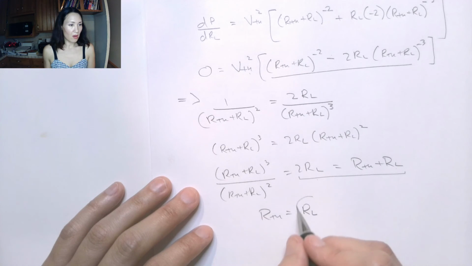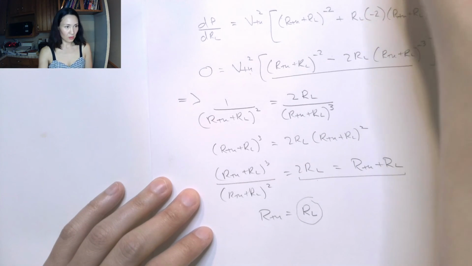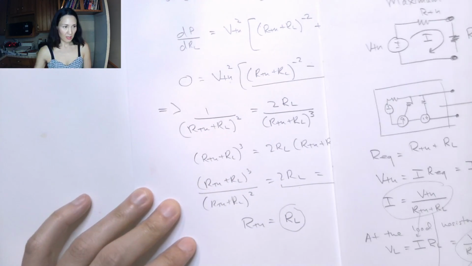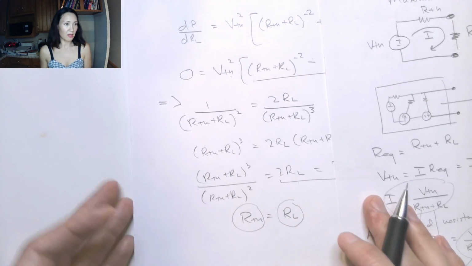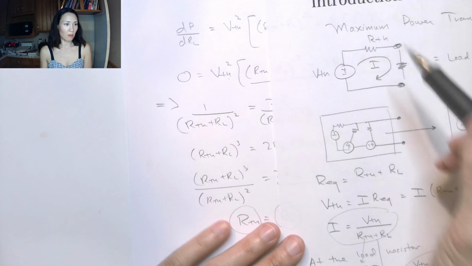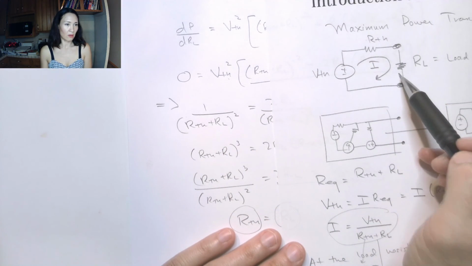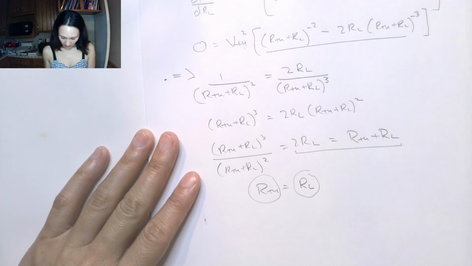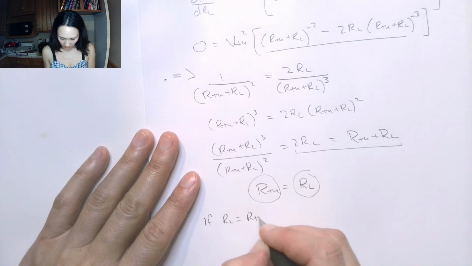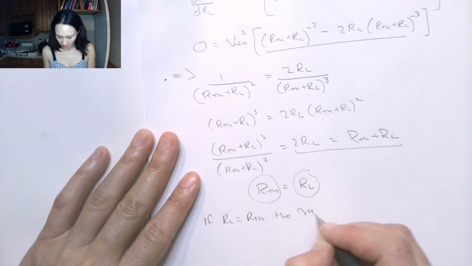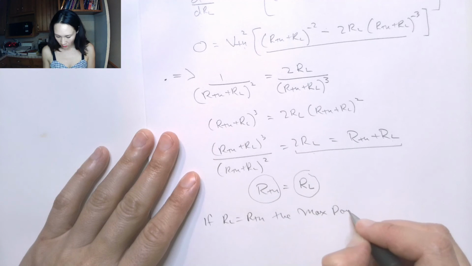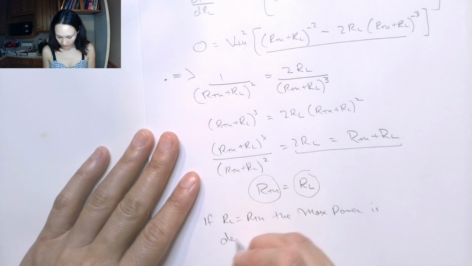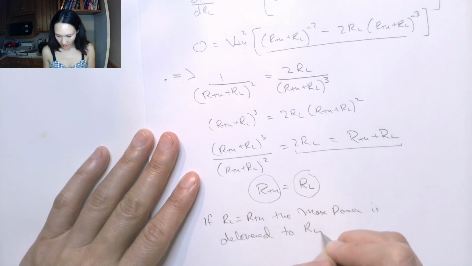So if my R load that I connect to my circuit is equal to my R Thevenin, that is what's going to give me the maximum power transfer. Okay, so that's the takeaway here. If RL is equal to R Thevenin, then maximum power is delivered to RL.